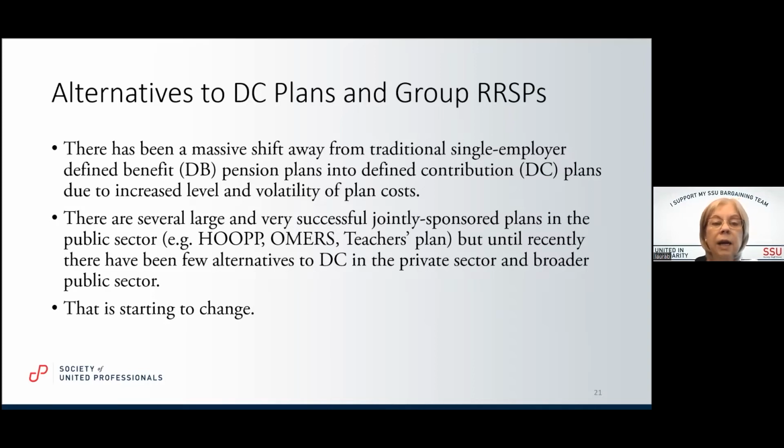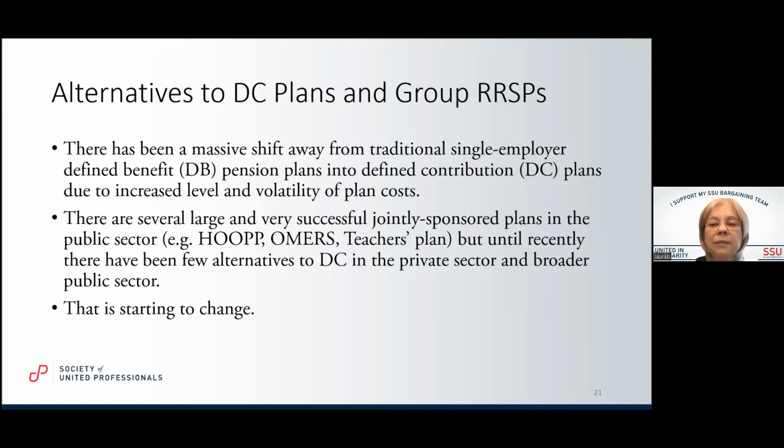There are several large and very successful jointly sponsored defined benefit plans in the public sector. You've probably all heard of HOOP, that's healthcare, OMERS, which is municipal workers, teachers, which is teachers. But until recently, there have been few alternatives to defined contribution in the private sector and the broader public sector. That is starting to change.